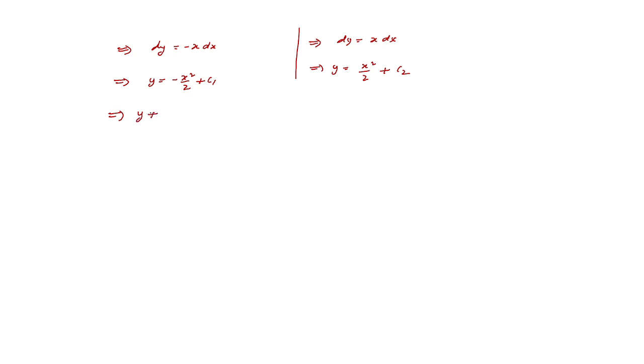So here y plus x square by 2 equals c1, and y minus x square by 2 equals c2, where c1, c2 are arbitrary constants.